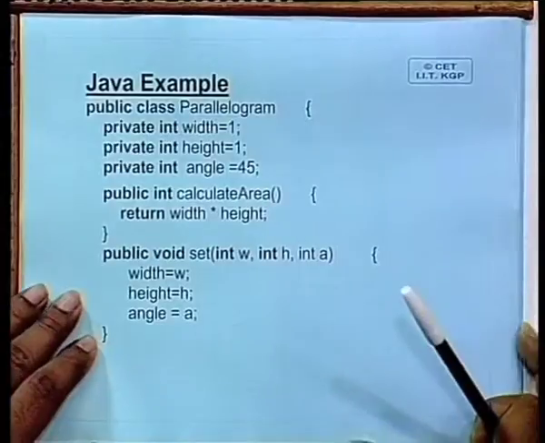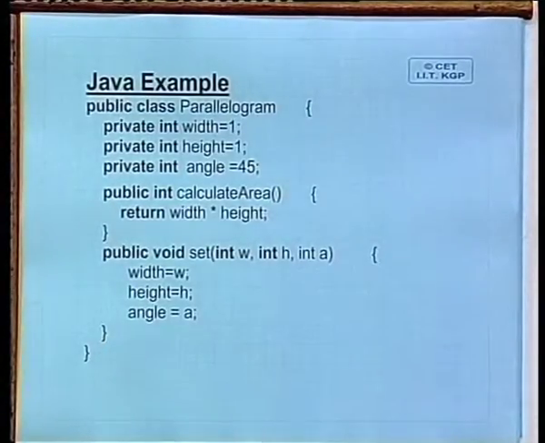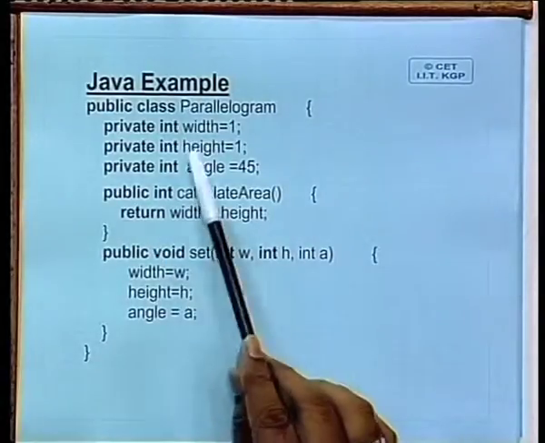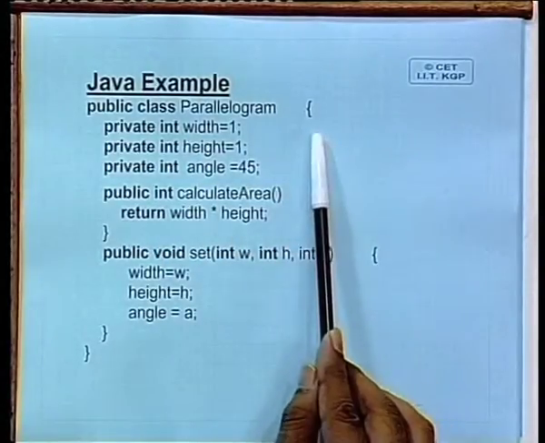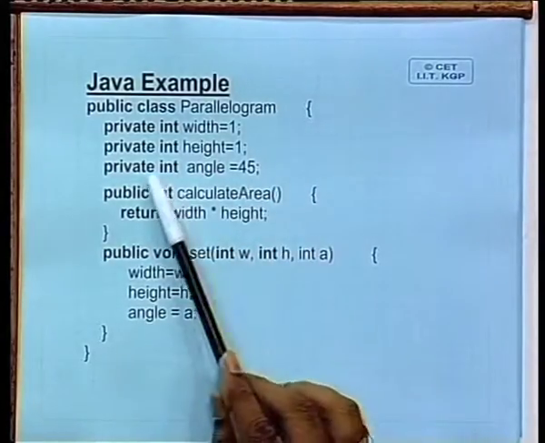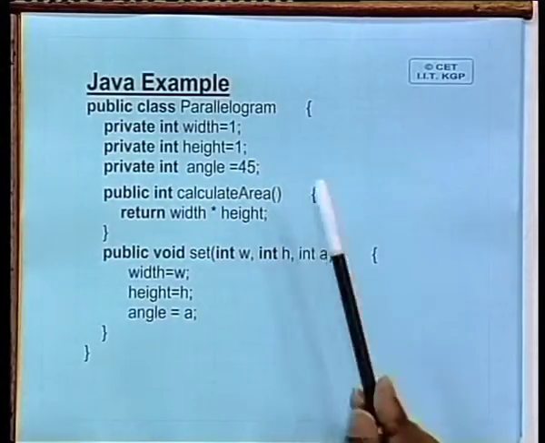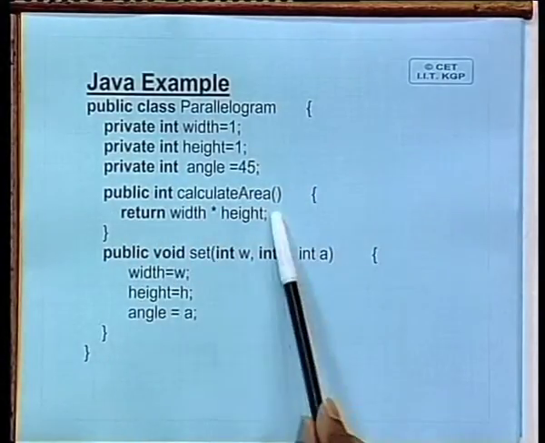Now, this is a very simple Java example, from the Java programming point of view, of how this parallelogram can be represented in a Java program. So, what we do? Public class parallelogram, the bracket starts, then private int width equal to 1, private int height equal to 1, private int angle equal to 45, then public int calculate area.